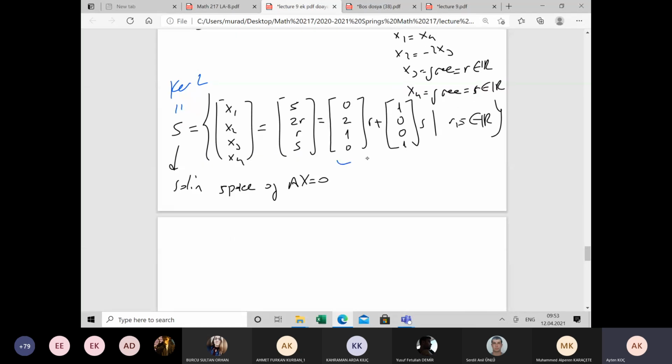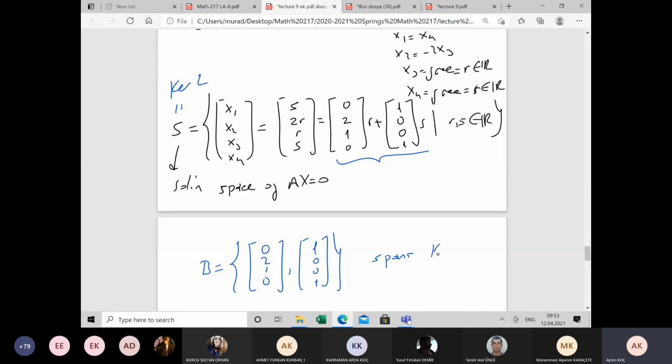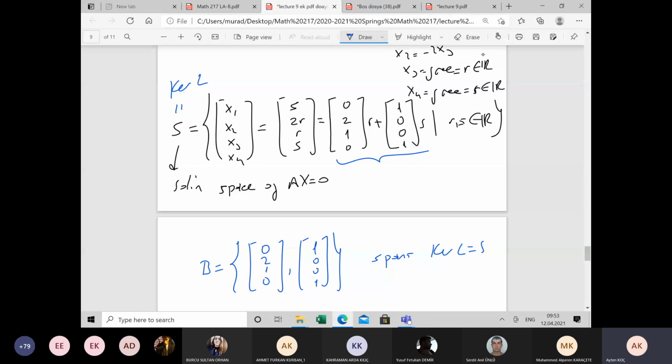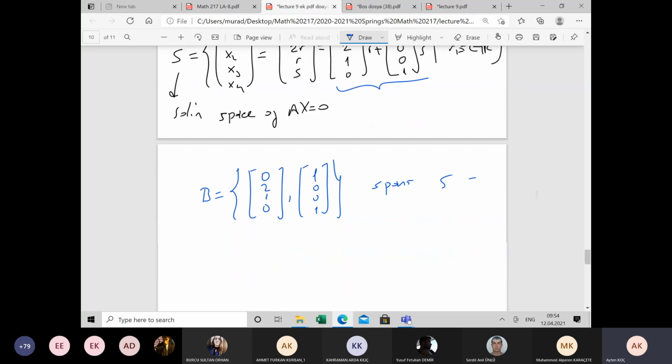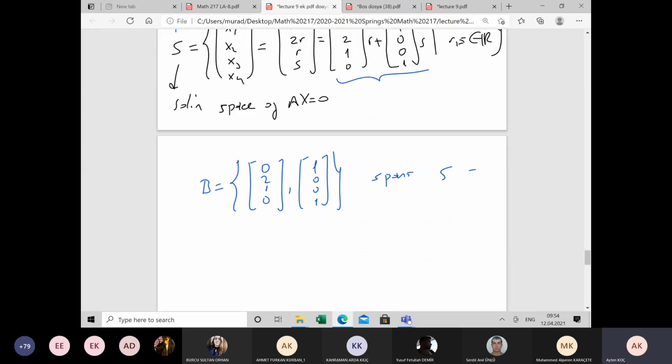So look at this one, it gives the basis. The basis is 0, 2, 1, 0 and 1, 0, 0, 1, and it spans the kernel of L, or S, the solution space. But our aim is to see that this one is a basis, and check that B is also linearly independent.